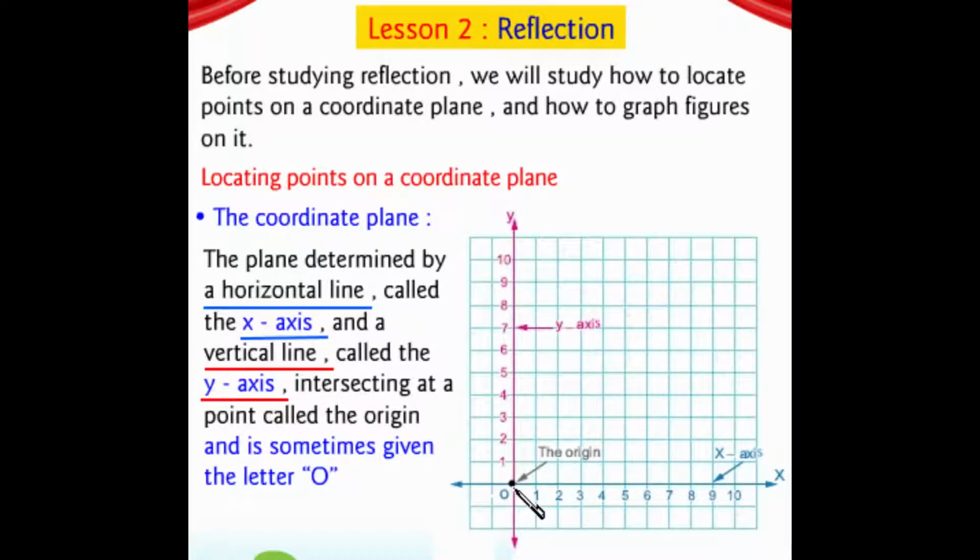The x-axis and y-axis intersect at one point called the origin, sometimes given the letter O.